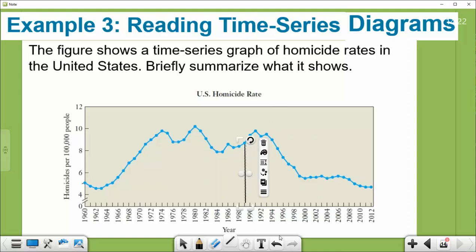Okay, that's 80. Here's 91. So yeah, it peaks in 91.